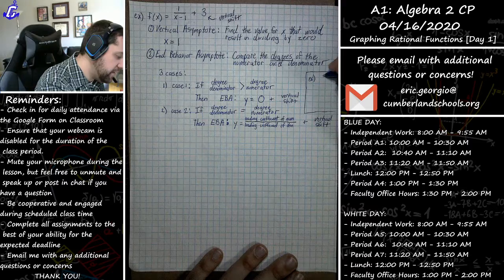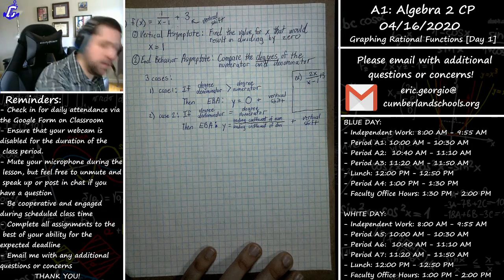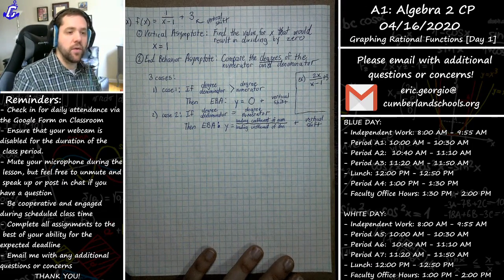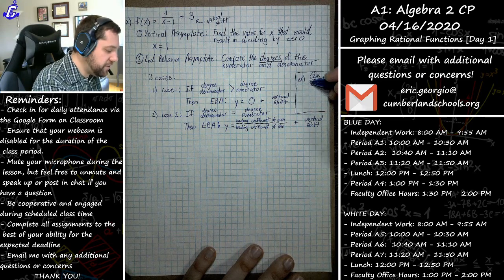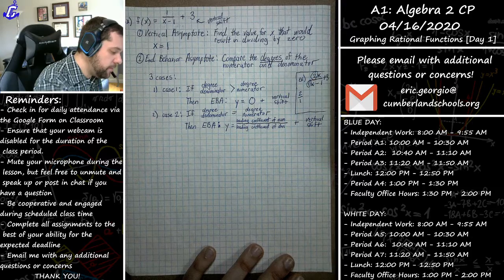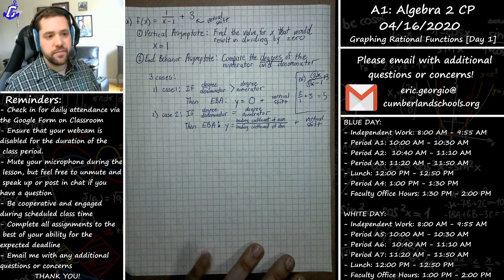If I had something like 2x divided by x minus 1, and then, oops, run out of room, then plus 3, say, for example. Well, they have the same degree. They're both degree 1. So you would just do leading coefficient divided by leading coefficient. That's 2 divided by 1, which is 2, plus 3. So your end behavior asymptote would be 5. Okay?